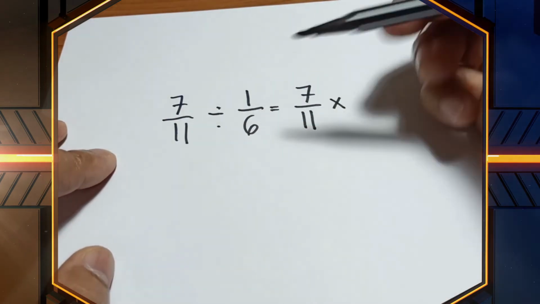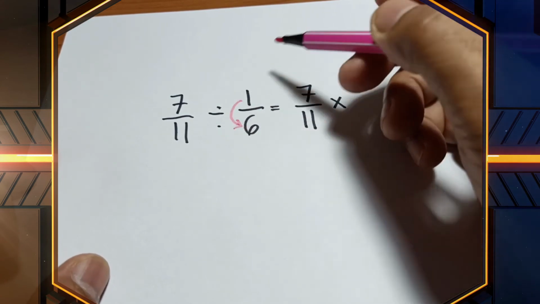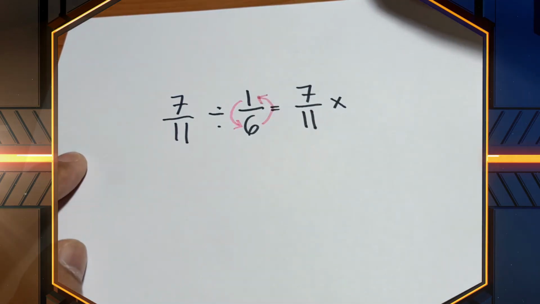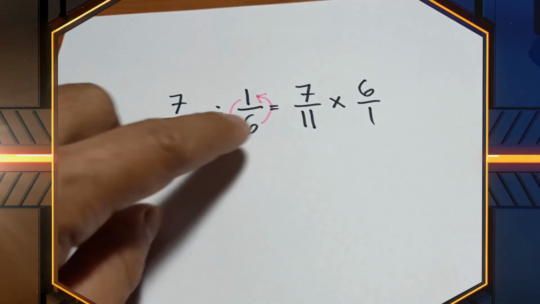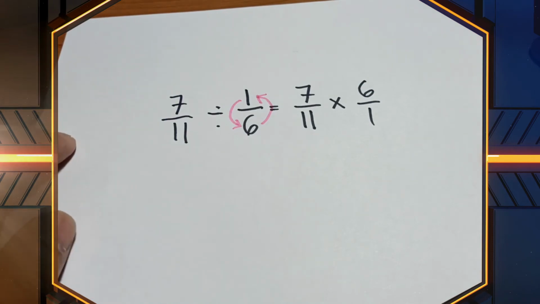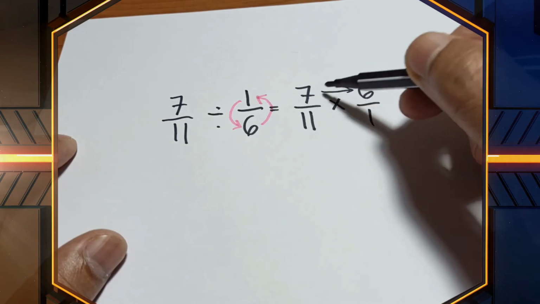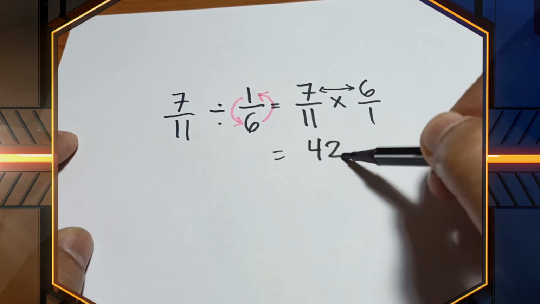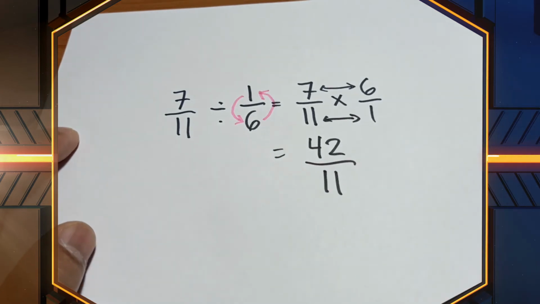Then swap the position of 1 over 6, so 1 will go down and 6 will go up, and it will become 6 over 1. As you can see here, there is no number by which we can divide, so in this case we just simply multiply directly. What is 7 times 6? 7 times 6 is 42, and 11 times 1 is 11.